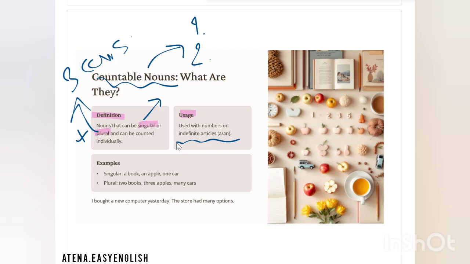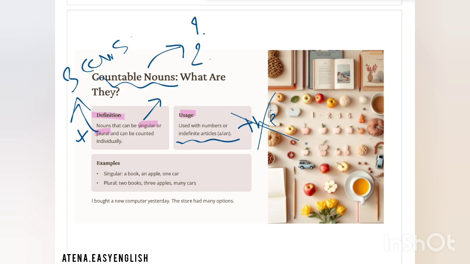When it's indefinite, it means not 'the'. So we use countable nouns with a, an, or numbers. For example, an apple, one apple, a car, two cars, okay? So one with a number and two with indefinite articles.